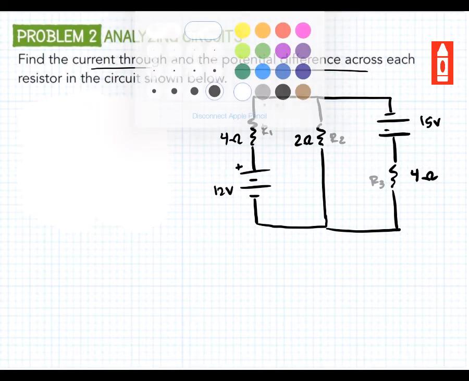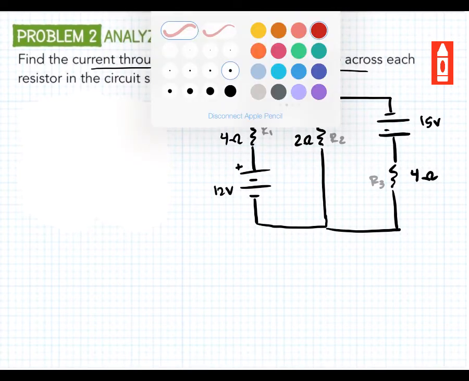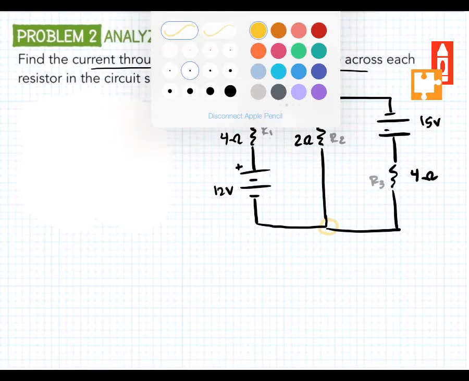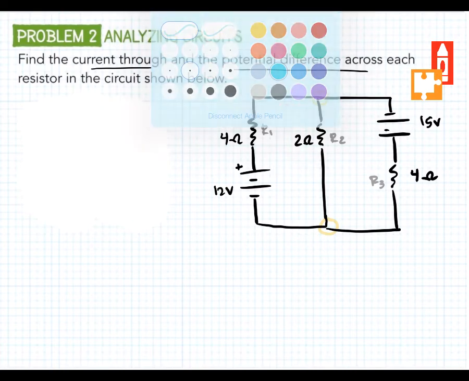So looking at what we know about currents, remember we have these 2 junctions. So here's a junction and here's a junction. And a junction is anywhere where these wires come together. So you can see at each junction you have about 3 wires coming together. So that means we have at least 3 currents. So let's label these currents.